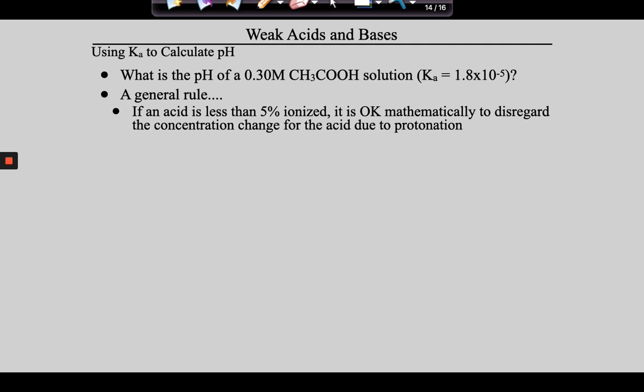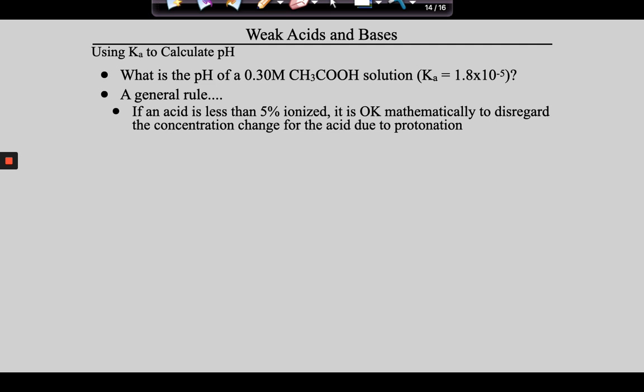Right, so looking at formic acid, it was 4.2% protonated. Would that have been okay to get rid of the X? Sure. But guys, do you see the problem with this? You have to do the math to figure out if it's okay to have not done the math.